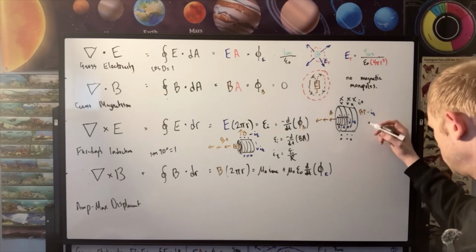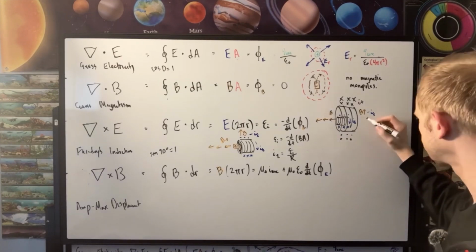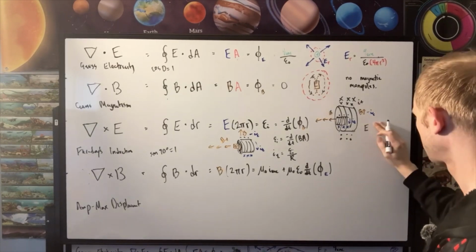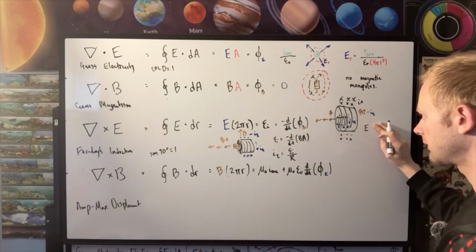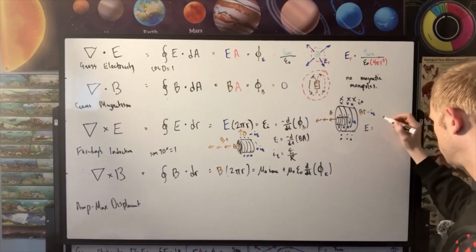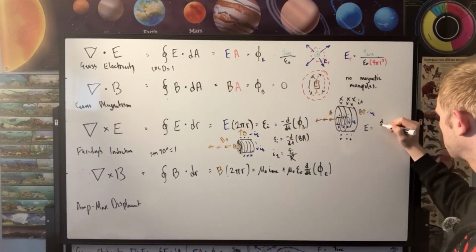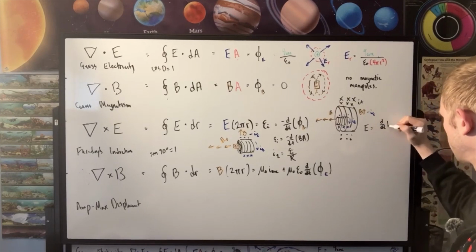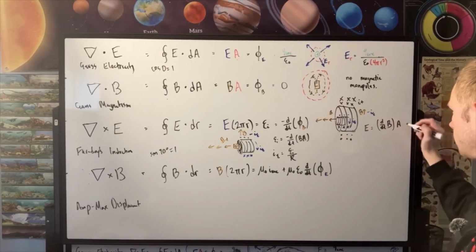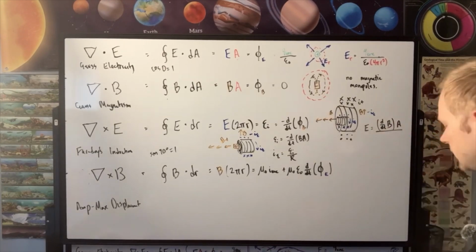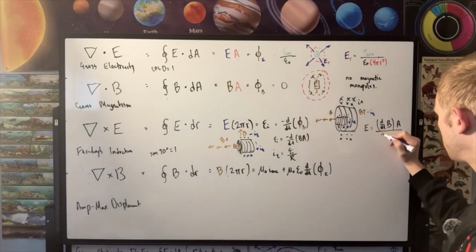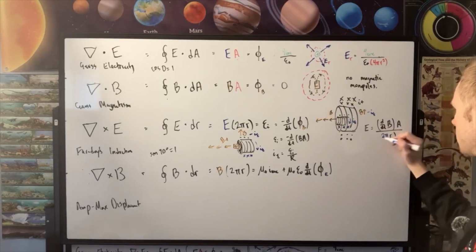But let's try to solve for E, because we can say that E is going to be equal to the time derivative of B times A divided by the 2 pi r.